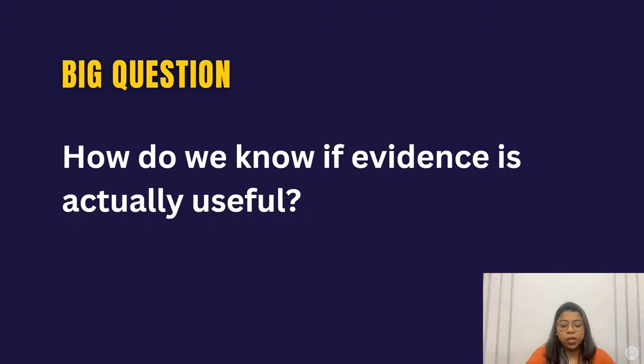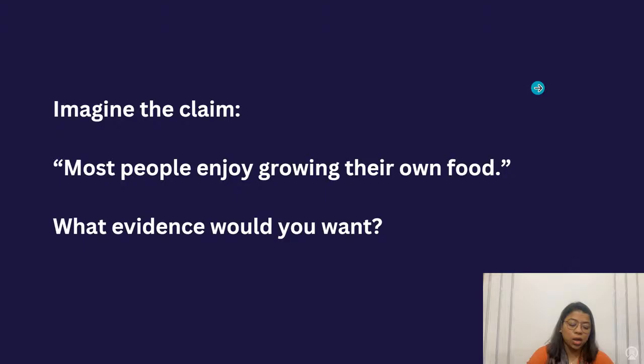Whether it is your Global Perspectives question paper, whether it is Component 1 or Component 2 or Component 3, you end up gathering so many pieces of evidence. The major question that comes in is, how do we exactly know whether that evidence is useful? And the answer to this question is, let's first look at one example.